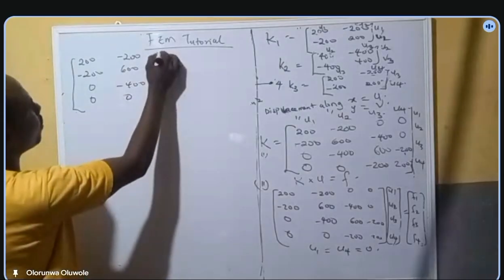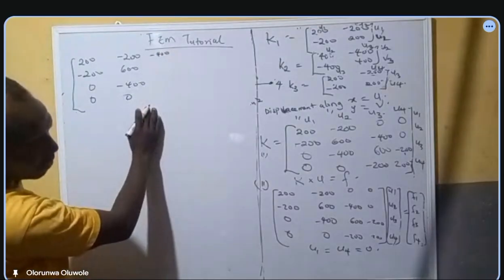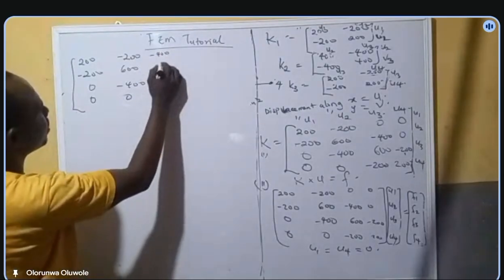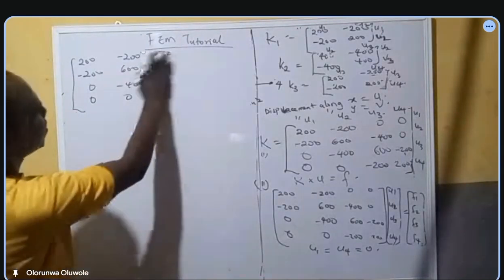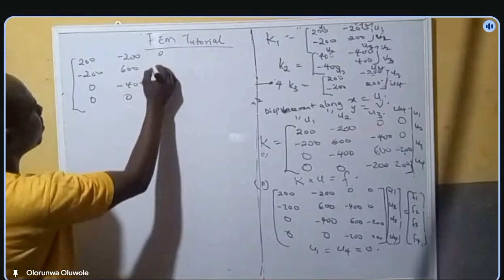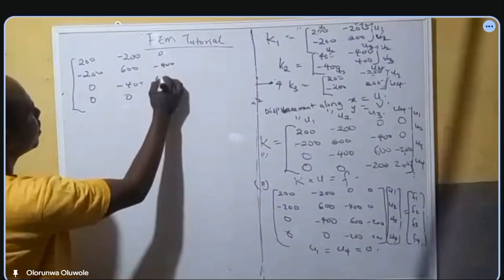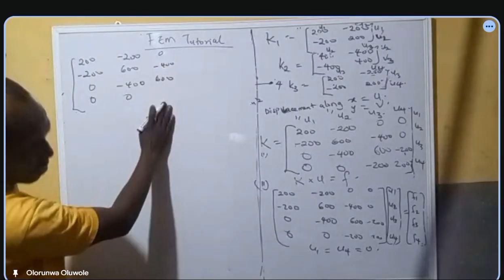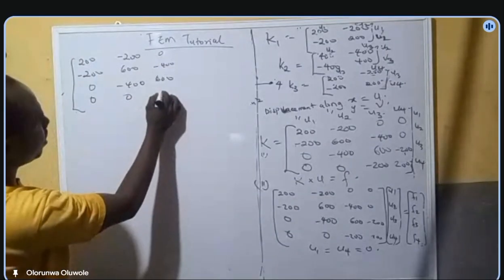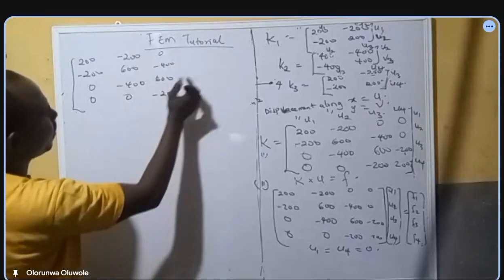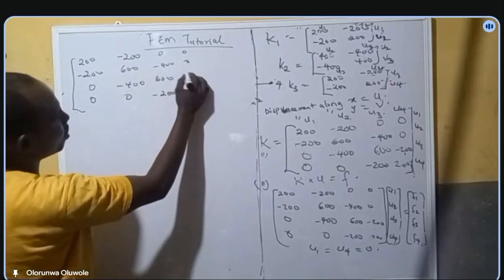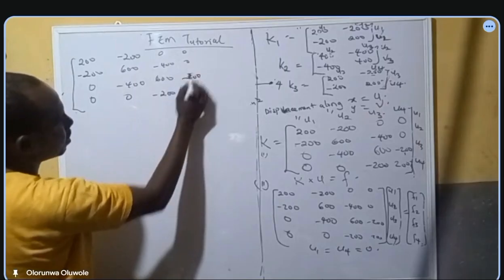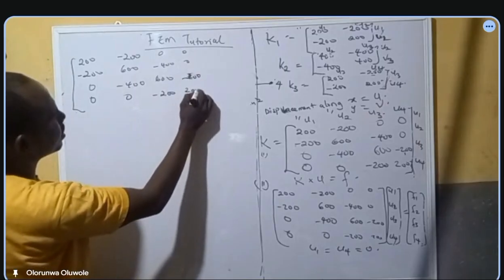Then I have minus 400, 600, 0, minus 400, 600, then minus 200, 0, minus 200, then 200.